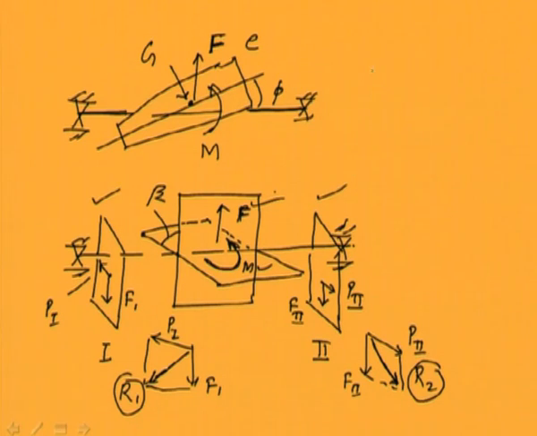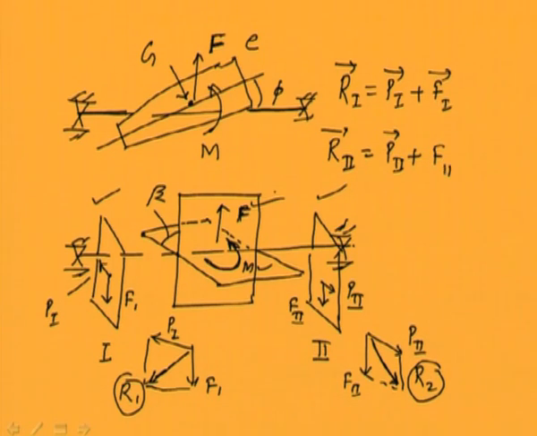So in equation form we can write vector R1 is P1 plus F1, and R2 is P2 plus F2.